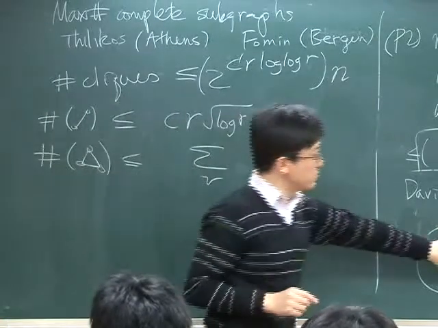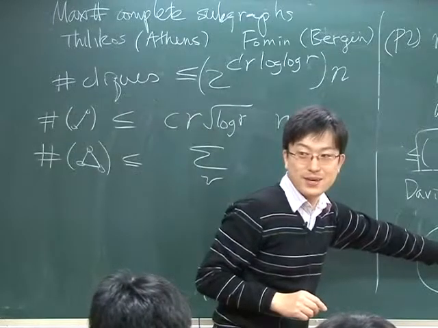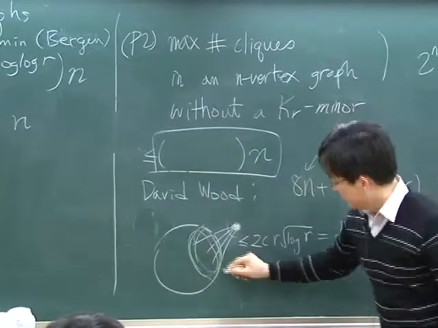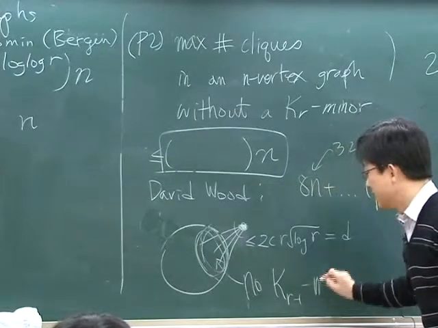but this neighborhood doesn't have a K_r minus 1 minor instead of K_r. If this guy has a K_r minus 1 minor, so this guy has no K_{r-1} minor.